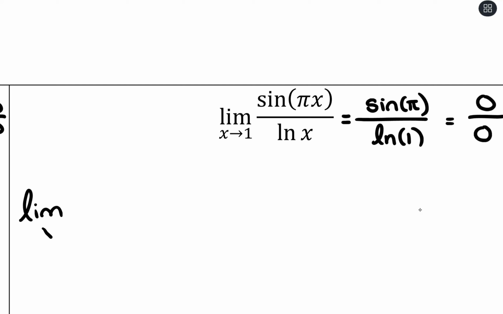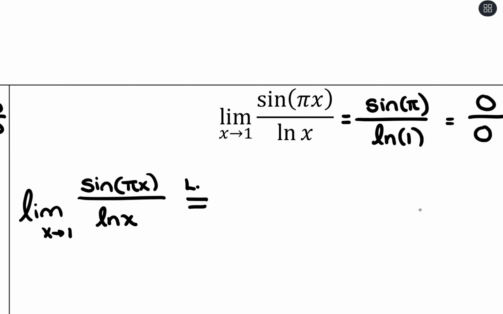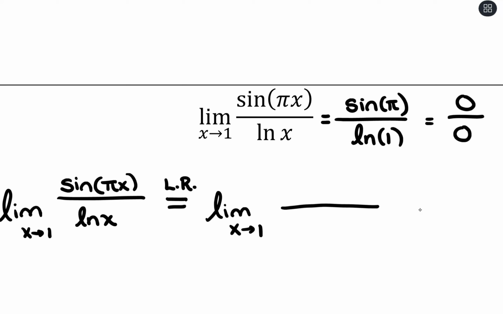So evaluating this limit as x approaches 1 of sine of pi x over natural log of x, what we can do is apply L'Hopital's rule to be evaluating the limit as x approaches 1, so that piece doesn't change. I'm keeping my fraction.